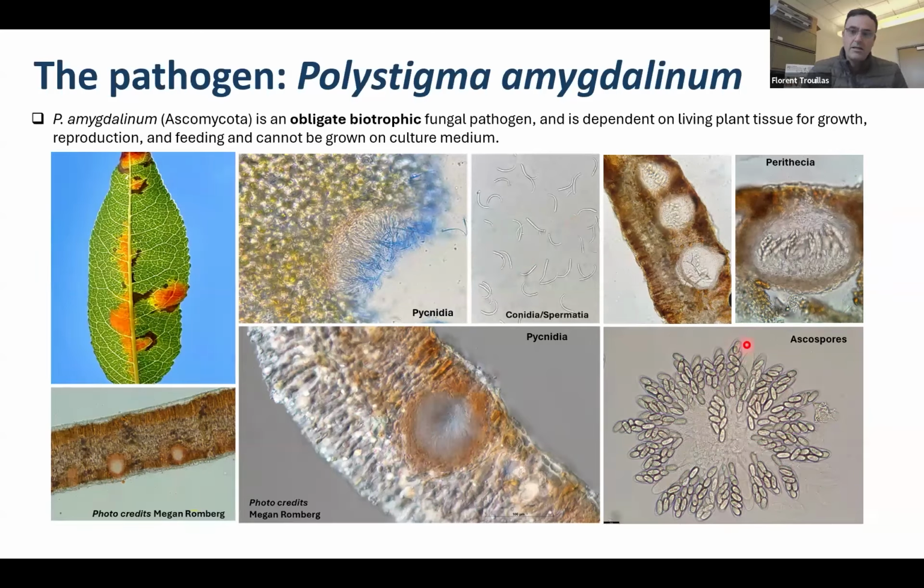The real important propagule for Polystigma are these ascospores illustrated right here. These are contained within perithecia on those leaves within the lesions. They mature around this time of the year, January, February, and these are the propagules that are going to contaminate new leaves in the spring, right?